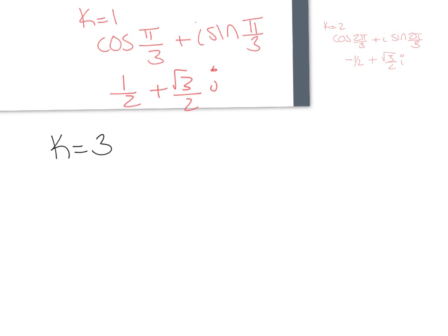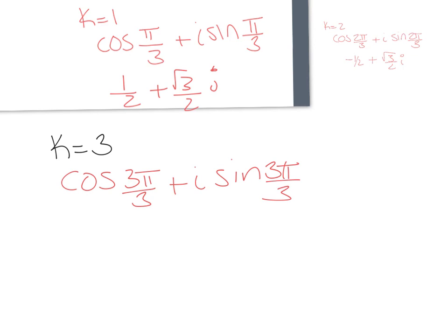Okay, so k equals 3 is next. So that's going to be cosine 3 pi over 3 plus i sine 3 pi over 3. So that's cosine of pi plus i sine pi. Cosine of pi is negative 1 plus 0i.